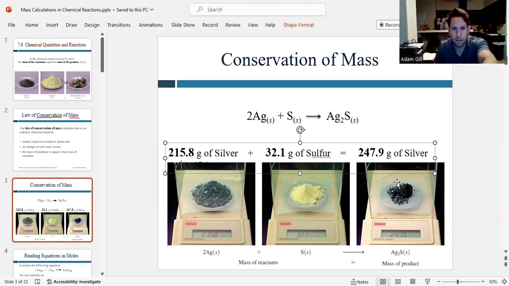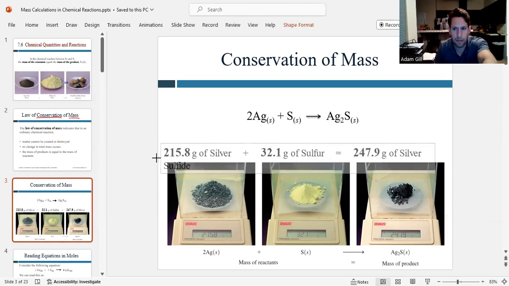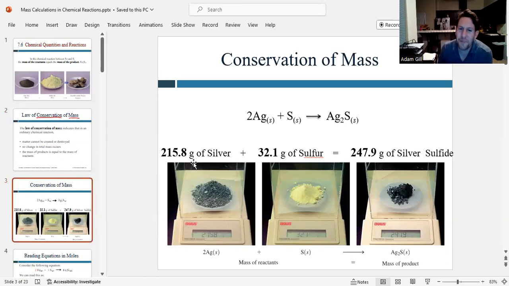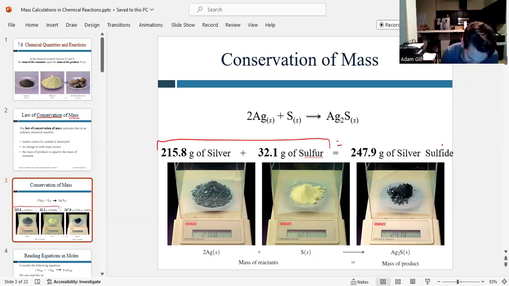Oh, actually, it says sulfide. It's just a little scrunched. There we go. So basically, the mass of the reactants has to equal the mass of the products is the take-home message here. All right, conservation of mass.